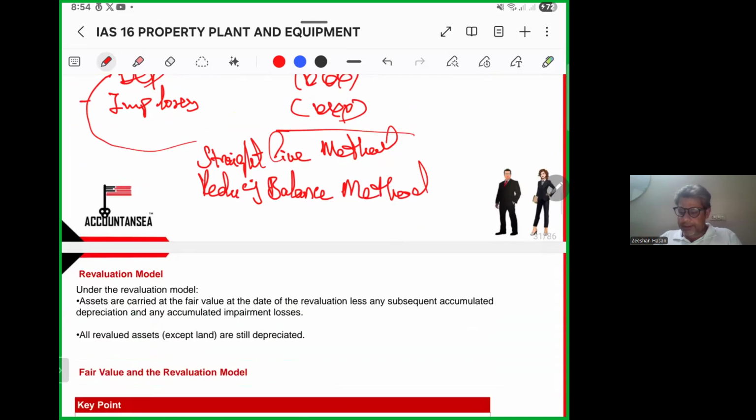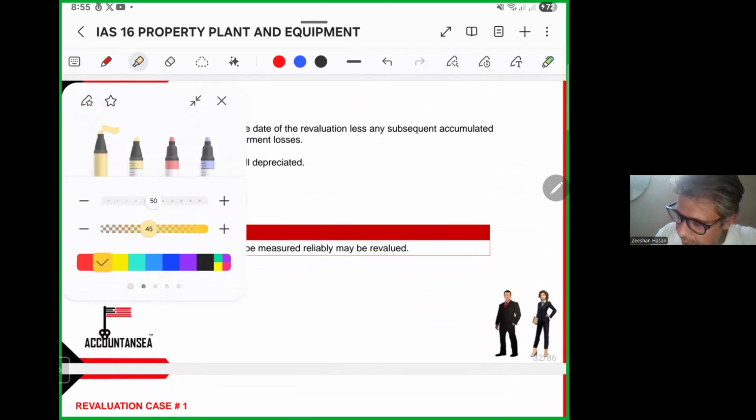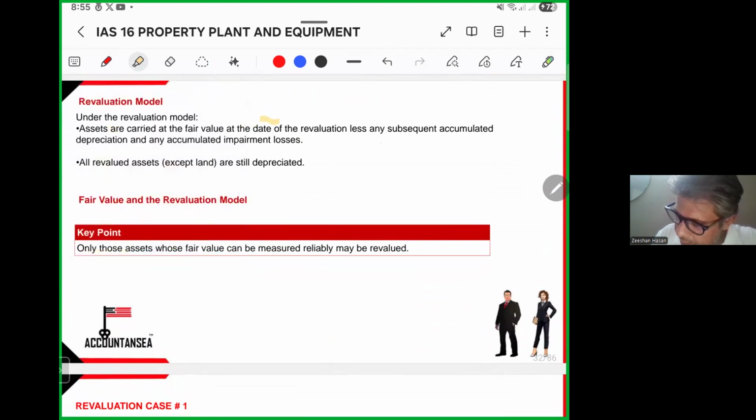Okay. Now the second choice of model is the revaluation model. Under the revaluation model, assets are carried at the fair value at the date of revaluation, less any subsequent accumulated depreciation and any accumulated impairment losses.